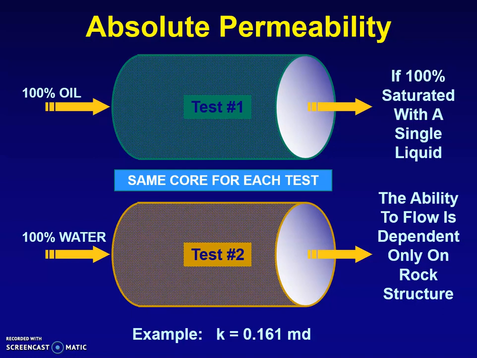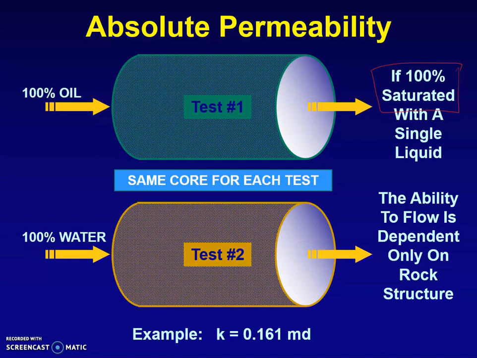Then you can calculate the permeability, right? And that permeability is called absolute permeability. So 100% saturation means that you are filling all the pores with that liquid. So you don't want to have any pores that have other fluids or air in them, right?